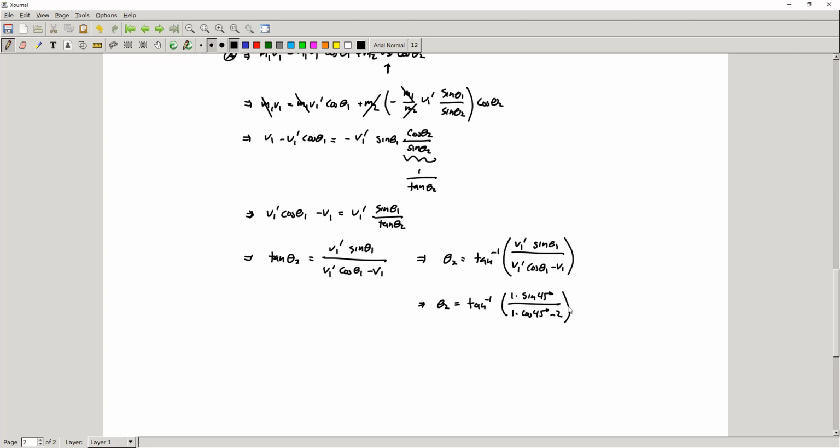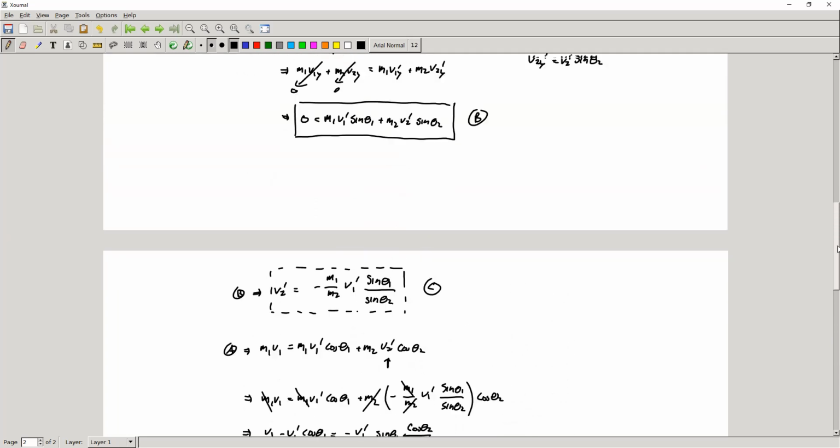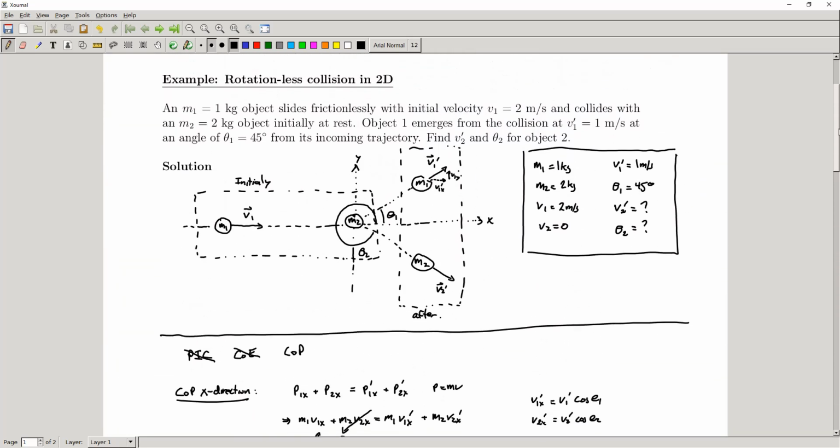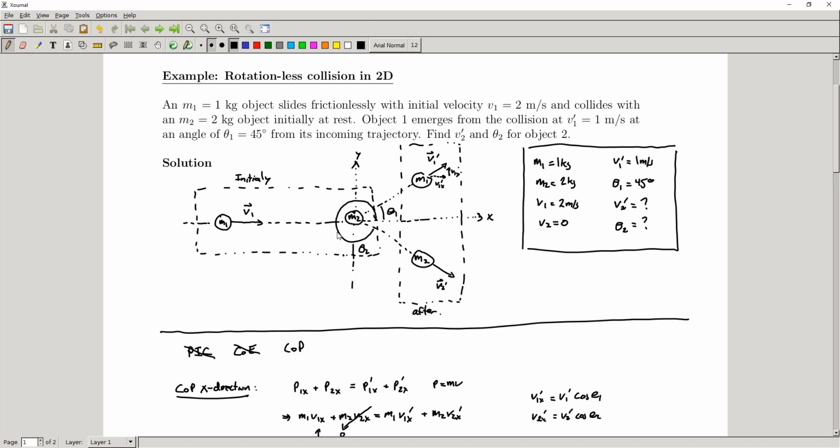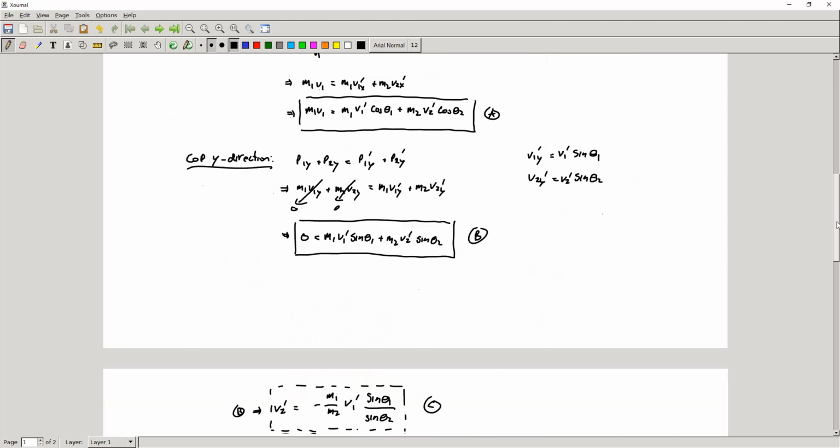Okay, and if you run that number through your calculator, you're going to find that theta 2 is equal to minus 28.68 degrees, and this would also correspond to a positive angle of 331.32 degrees, right? So if we look back at our drawing, we can see that the large positive angle corresponds to us going all the way around the circle here, and the negative angle just corresponds to us going in a negative direction a small amount. Either one would be fine for an answer, right?